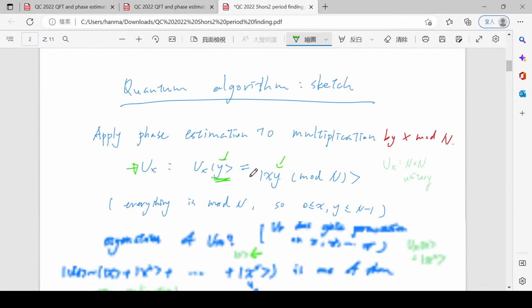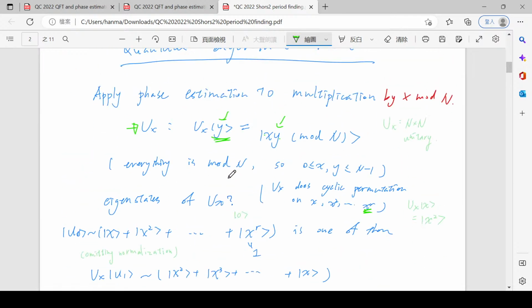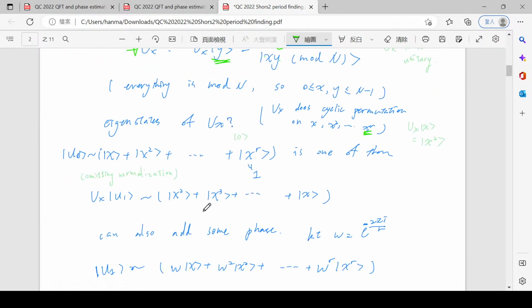Then we can use quantum superposition to create an eigenvector: what if we just add all of them together with equal weight?